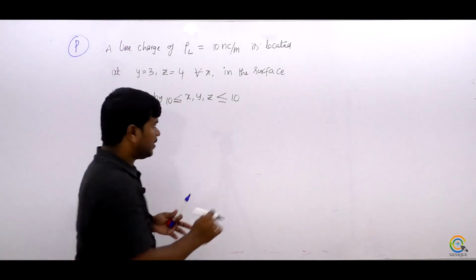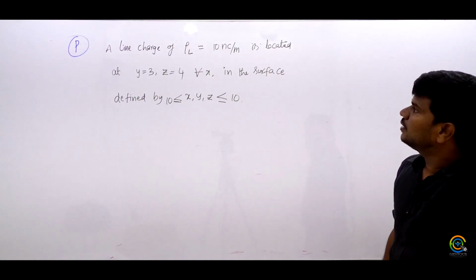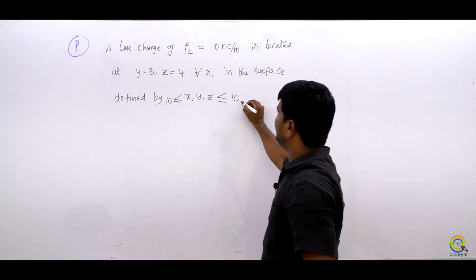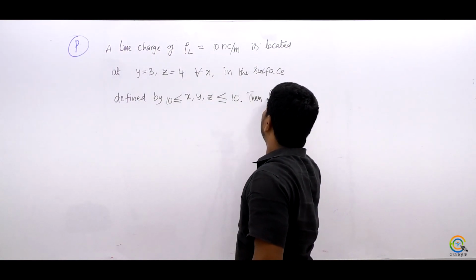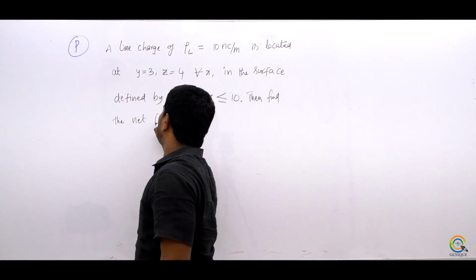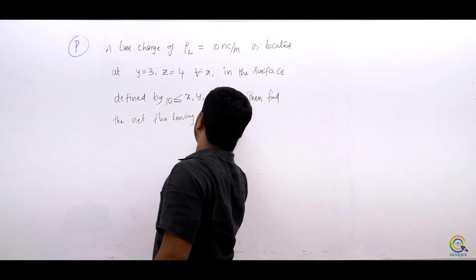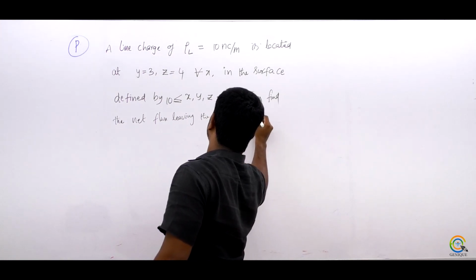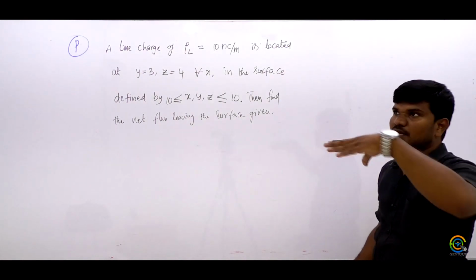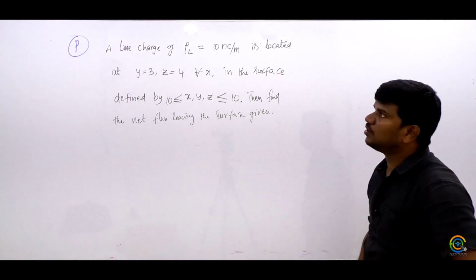It is the question given. We have to find the net flux leaving the surface. This is how the line charge is located. In the previous case the question was about point charges, but here the question is about the line charge.